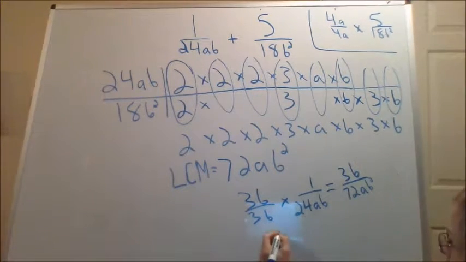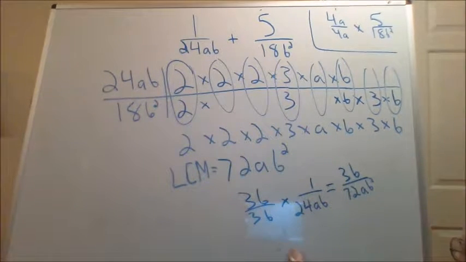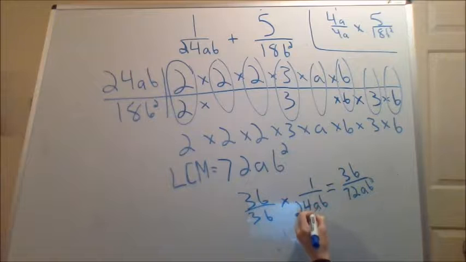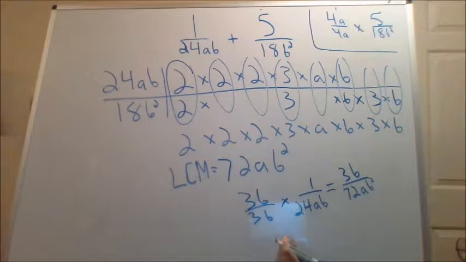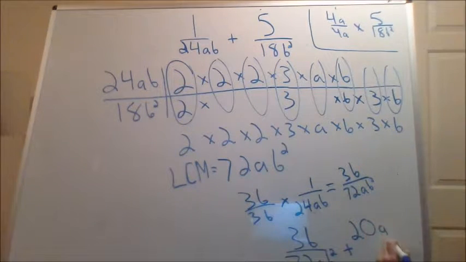So, in all we have, starting with our 1 over 24ab fraction, we will have 3b divided by 72ab squared plus 20a divided by 72ab squared.